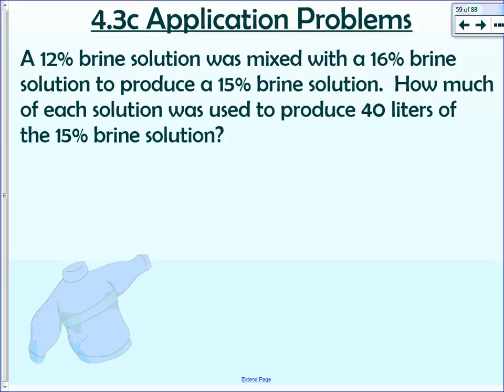So we have the amount times the percent equals, and in this case, since it's a brine, it's going to be the amount of salt.